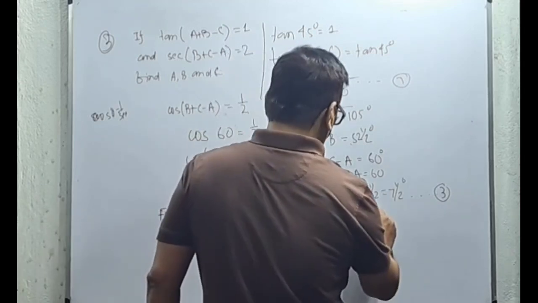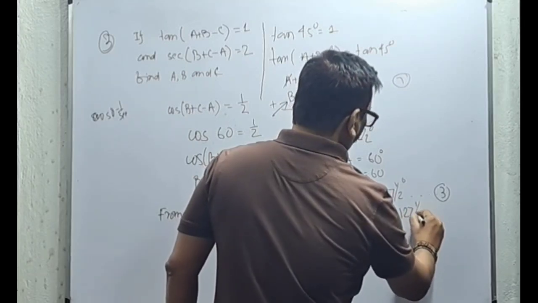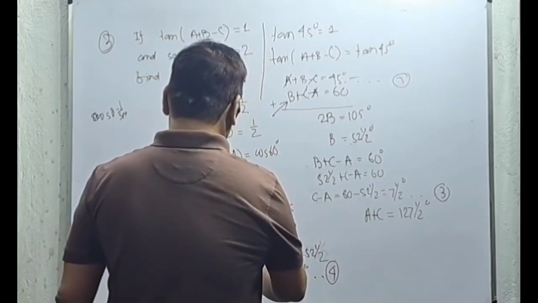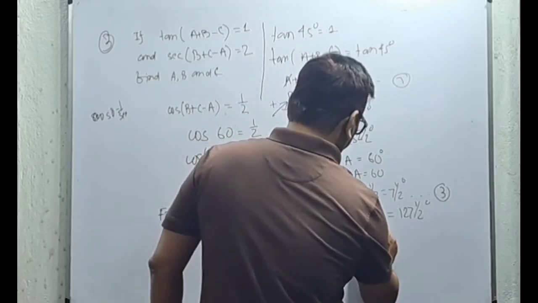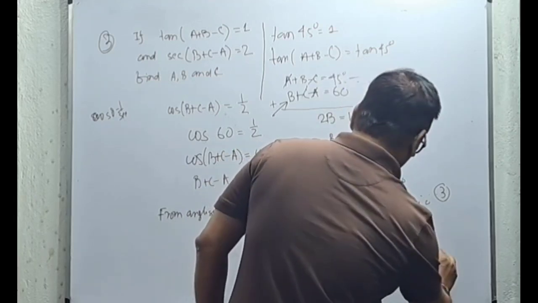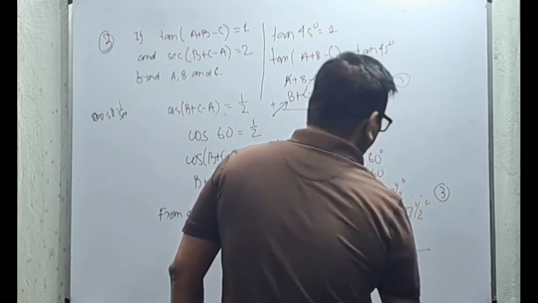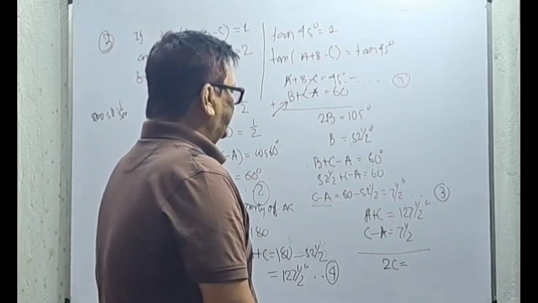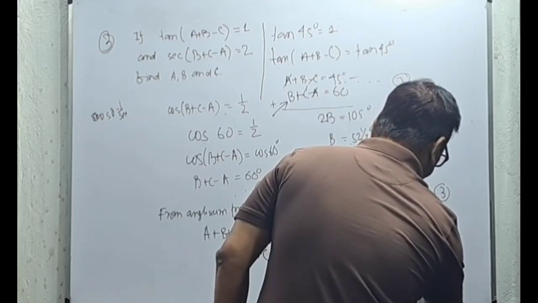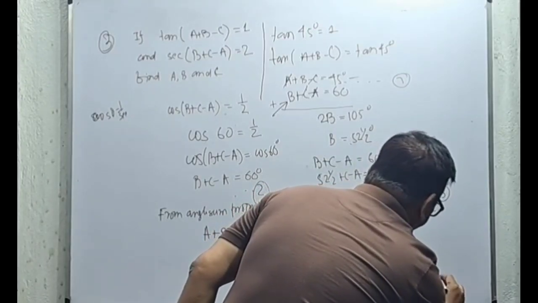Now we write down A plus C is equal to 127 and a half degree, and C minus A, we had got the value. C minus A is equal to 7.5 degree. So if we add up, A gets cancelled, twice of C is equal to, how much is it? 127, 134, 135. Right? This will give you 67.5 degree.